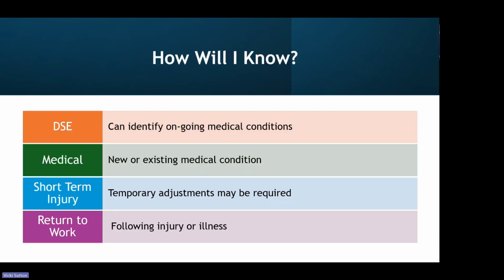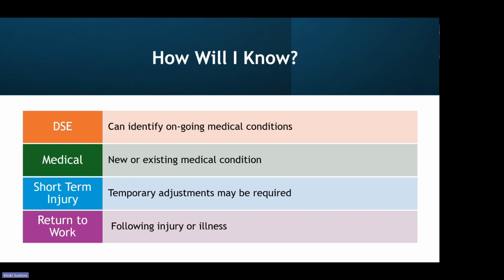So going into the actual personal risk assessment. When we put it in place, how will I know? How do you know when we need to put that personal risk assessment in place? Not all employees will make you aware of a condition; it may be a hidden condition that we don't see. But sometimes we can be made aware by other means, for example where we carry out a DSE assessment within the business.